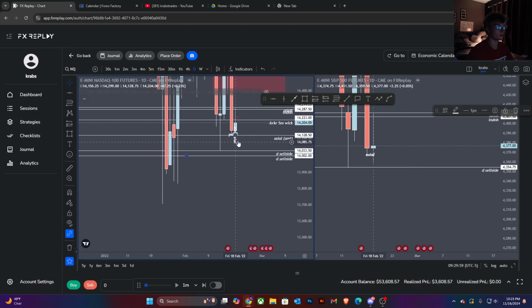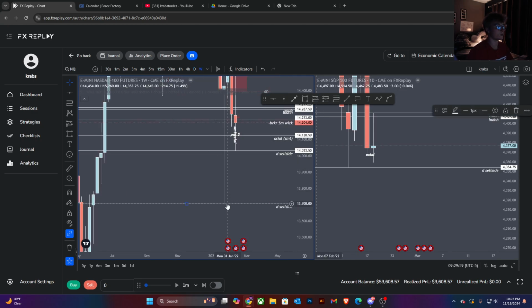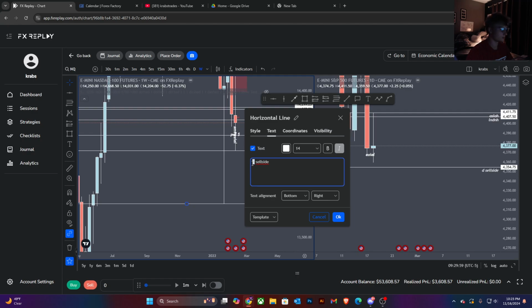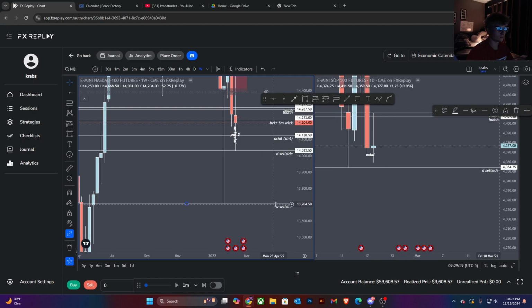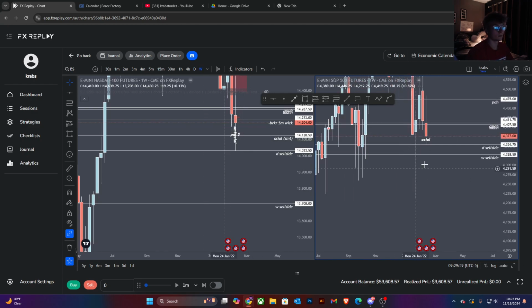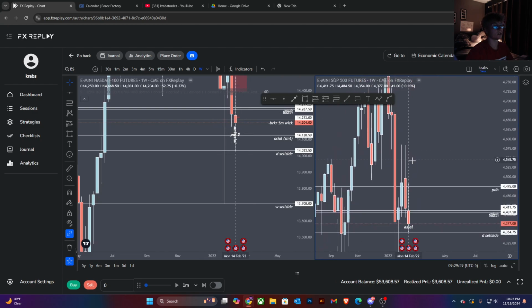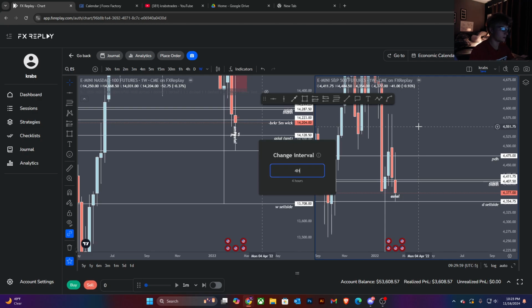Right there. Then we have these levels. I believe it's weekly sell side. Weekly sell side. Looks like to be the draw higher time frame, expecting this bearish weekly gap as well.